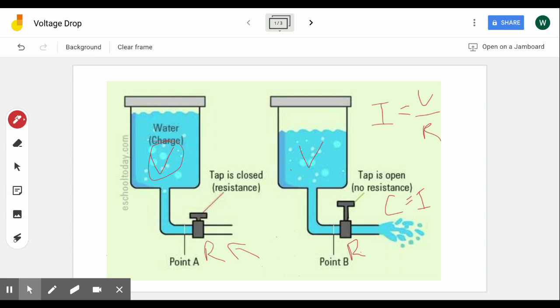Let's say we were able to use a device to measure a difference in pressure between 2 points. So for example, we had a meter that we could connect that would measure, remember, voltage is electrical pressure, and we could connect this thing at 2 points and we could measure a difference in pressure between 2 points. Well, what would we be seeing in this case?